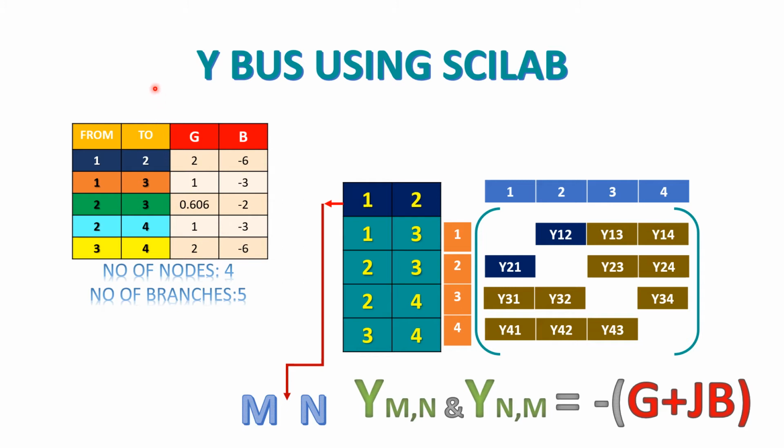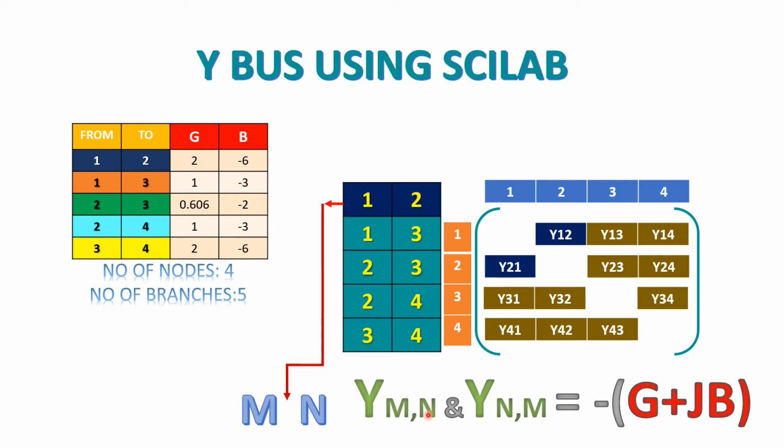Now, step by step, we will assign the values to the off diagonal elements. What I have done is, I have taken the first 2 columns of this part and expanded them here. You can see 1 and 2: let 1 go into m and 2 go into n. So Ymn represents Y12, because 1 is going to m and 2 is going to n.